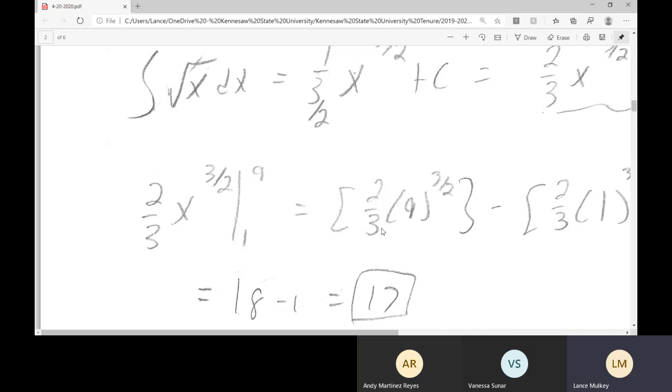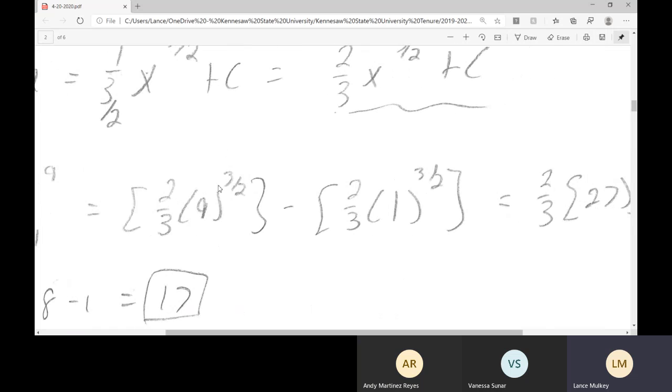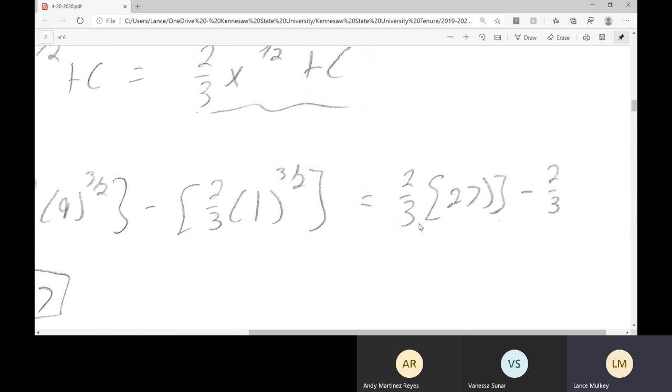So you get 2/3 times 9 to the 3/2 minus 2/3 times 1 to the 3/2. So 9, take the square root of 9, which is 3, and 3 cubed is 27. So you get 2/3 times 27 minus 2/3. So divide this by 3, so you get 2 times 9.